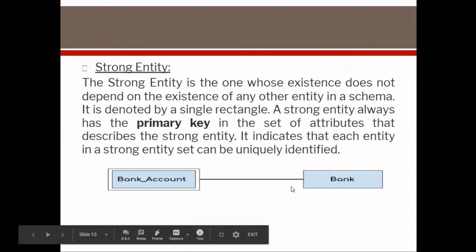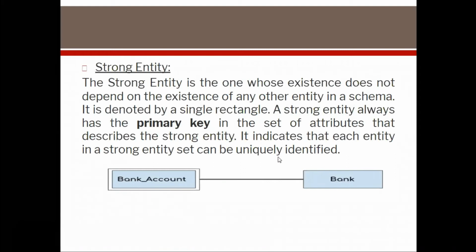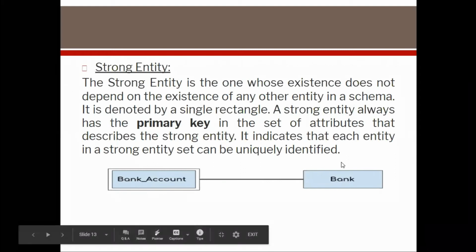Over here it doesn't have complete dependency on it. Yes, it does take records from there, but it doesn't have complete dependency. Meaning even if this doesn't remain, it will work with something else and still be there in the database.